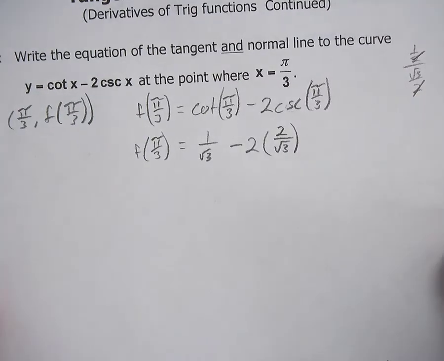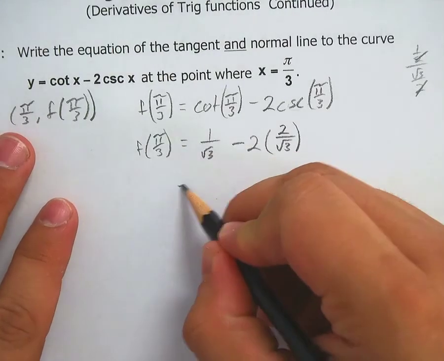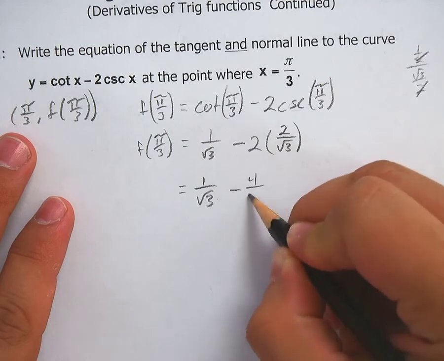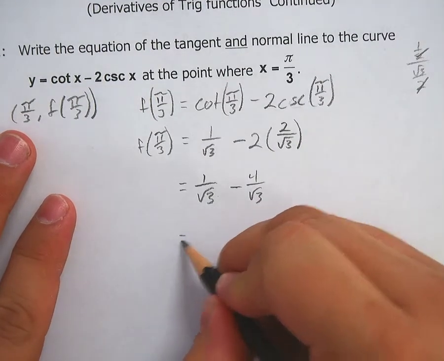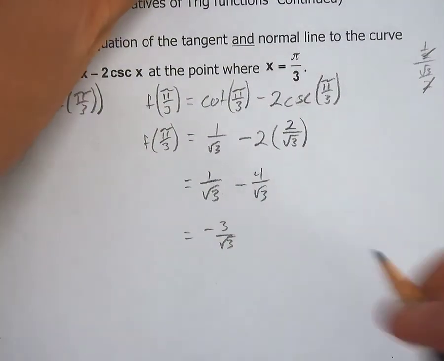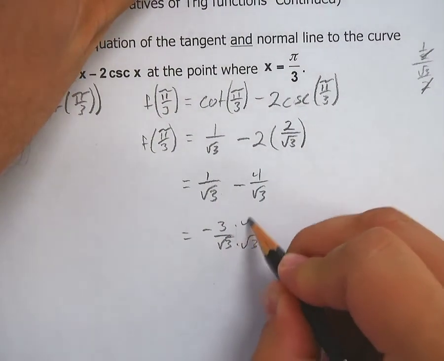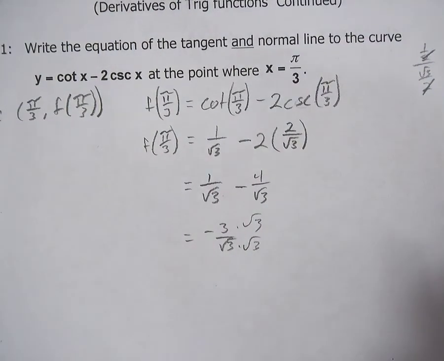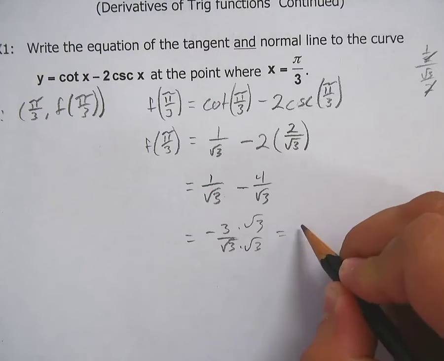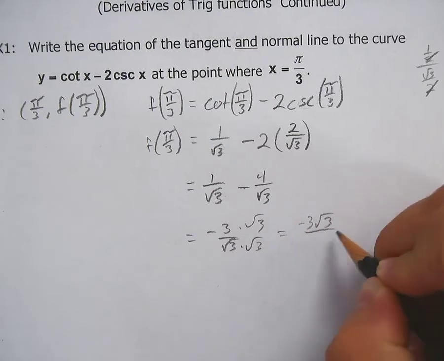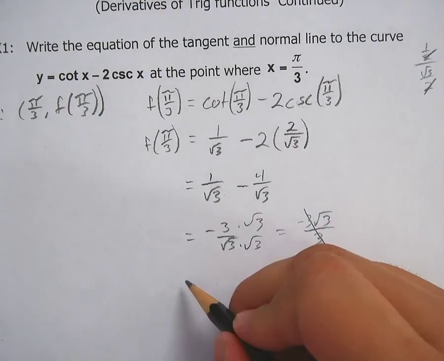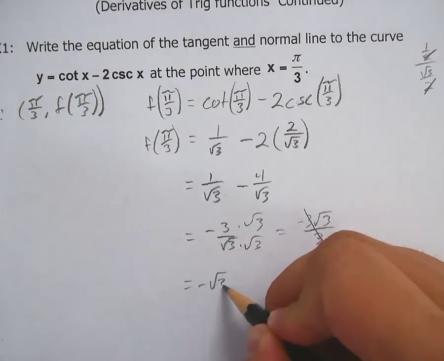Okay, so let's set this up here. This is going to be 1 over the square root of 3 minus 4 over the square root of 3, which is negative 3 over the square root of 3. Multiply the square root of 3 in the top and bottom to rationalize the denominator, and you'll get negative 3 square root of 3 over 3, which is just negative square root of 3.